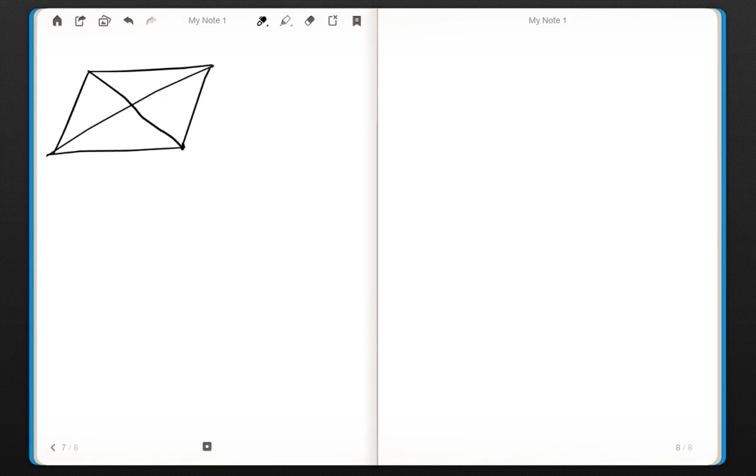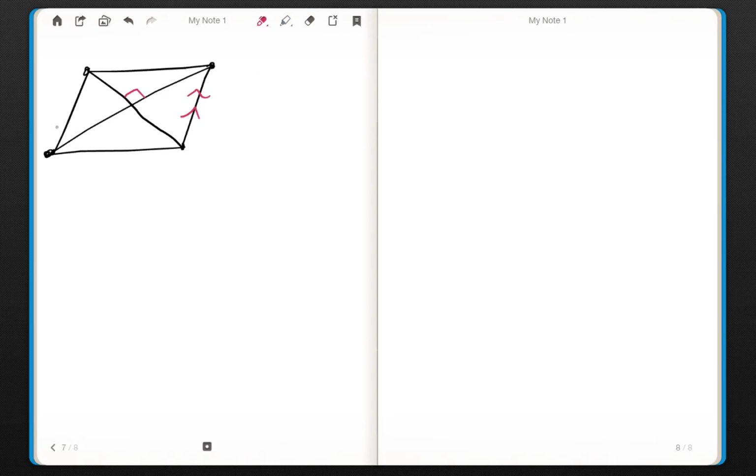So we have the following shape. I mentioned a little earlier that if you're asked to show that something is a rhombus, this is a good way to do it. If you can show that the diagonals are perpendicular, then that's enough to show that you have a rhombus for a parallelogram.